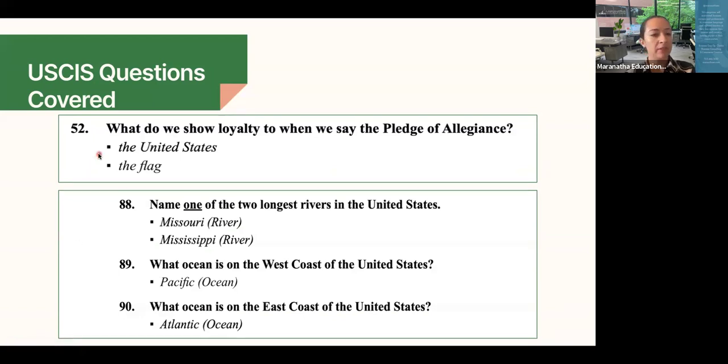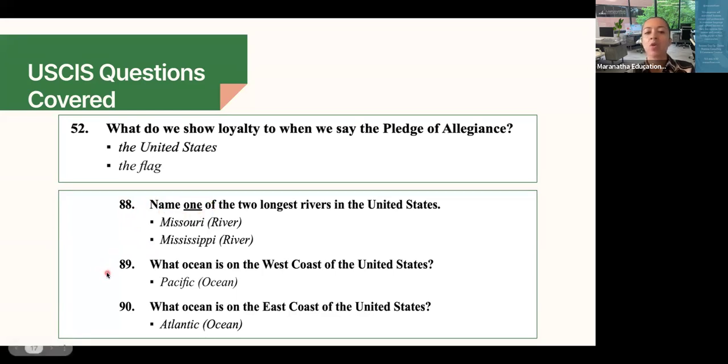You can say the United States, or you could say the flag. Question 88. Name one of the two longest rivers in the United States. The Missouri River or the Mississippi River. Remember, for question 88, you only need to provide one answer.